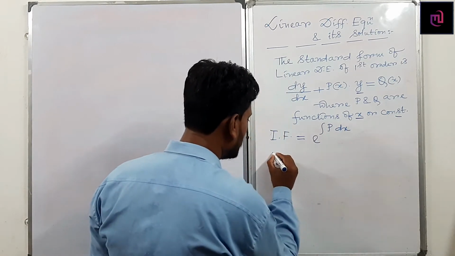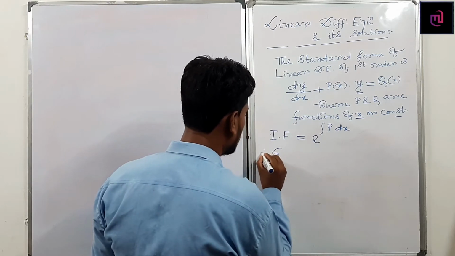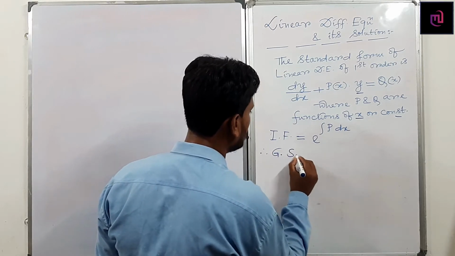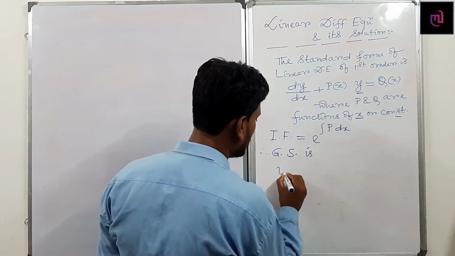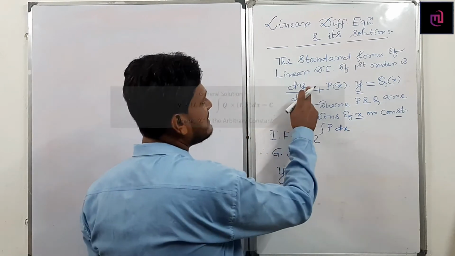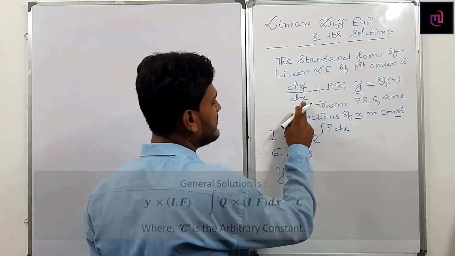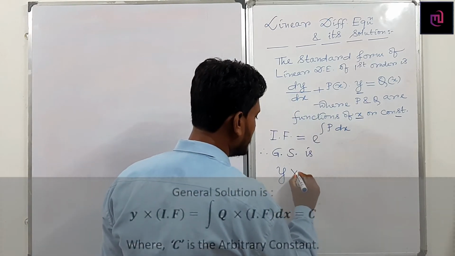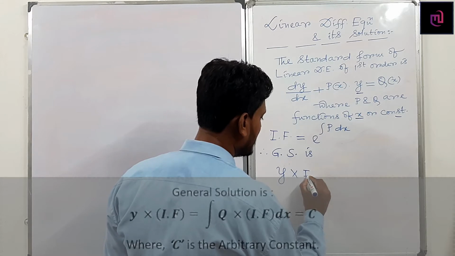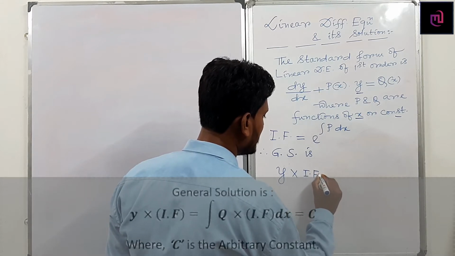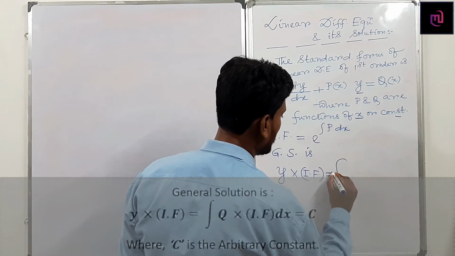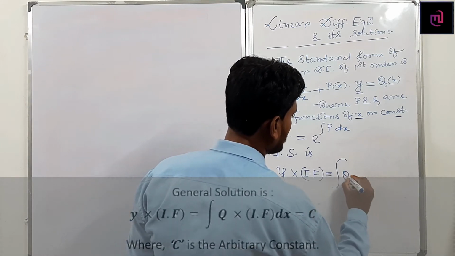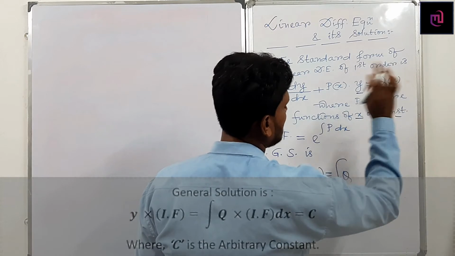What is the solution? General solution. Therefore, the general solution is dependent variable. Who is the dependent variable? Y is the dependent variable. X is the independent variable. So, dependent variable into integrating factor equals to integration of q. So, here I have written the q, the right hand side.